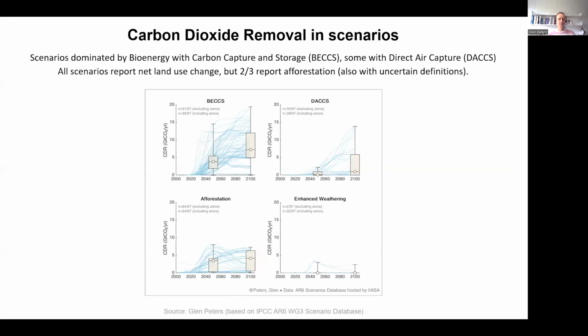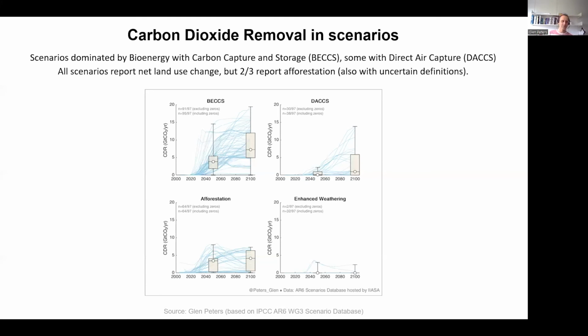Afforestation is a little bit more challenging because all models report net land use change, and net land use change includes afforestation, but only some models, about 2/3, record this afforestation variable directly. So we don't have a good handle on the size of the removals from afforestation in total.